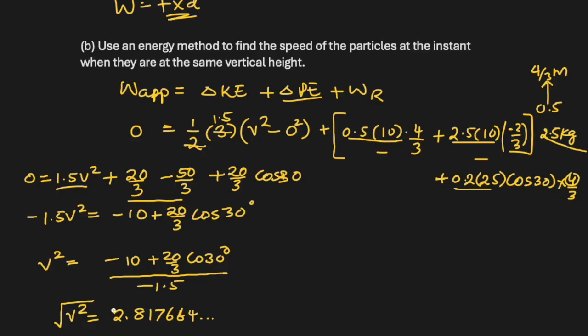We will square root this to find the final speed of both the bodies when they are at the same height. It comes out to be 1.6785889. We will round it off to three significant figures, 1.68 meters per second.